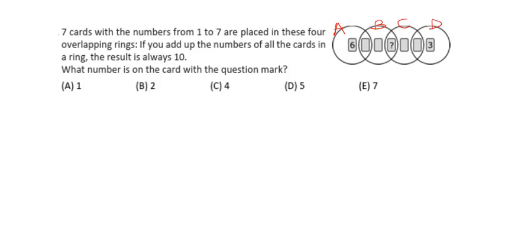The one that is easy to fill is ring A. Ring A has 2 cards, and they said that the 2 cards must add up to give us 10. So if this one is 6, what do you think will be the second one here?